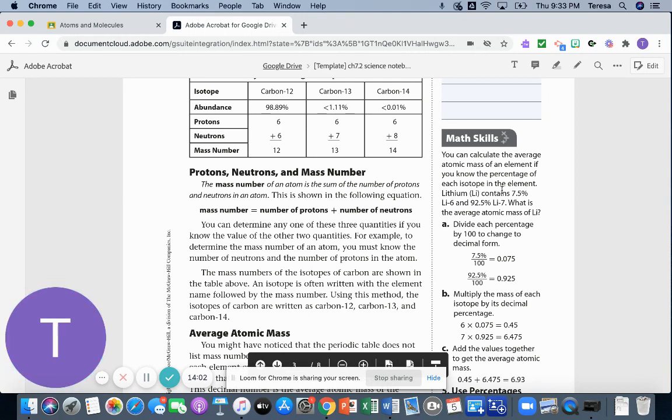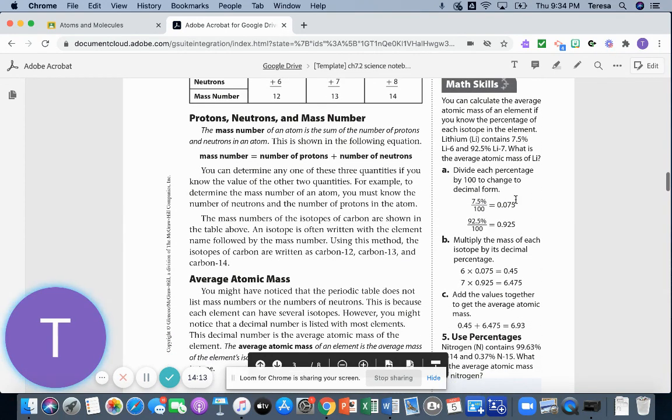Lithium contains 7.5% lithium-6 and 92.5% lithium-7. What is the average atomic mass of lithium? You're going to change each percent to a decimal. To do that, you take the percentage and divide by 100. So that's shown here: 7.5 divided by 100.